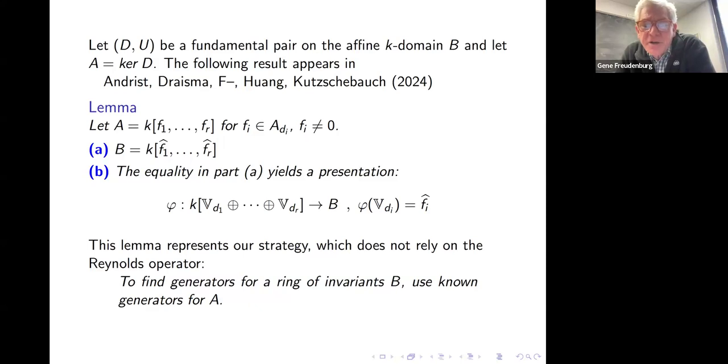In other words, to find generators for a ring of invariants B, I want to use known generators for that kernel A. And I'll show you what I mean when I start constructing these examples. But I just want to point out that this lemma is sort of the heart of the matter.